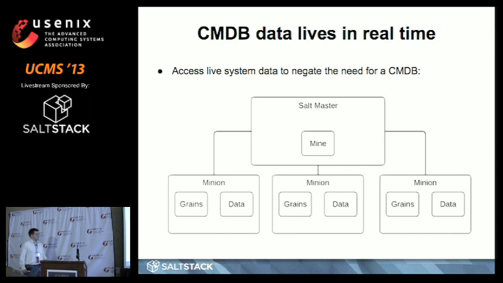Salt has the capability of storing information in different locations in a very, very efficient way so that it's easy to store information that you would normally put in a CMDB literally out in your infrastructure, which makes it easy to just say, hey, tell me all the systems that are in a certain tier, and it responds instantly. We've got a number of interfaces that are available to store information depending on its level of complexity.